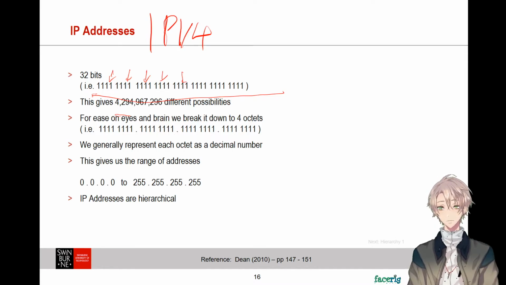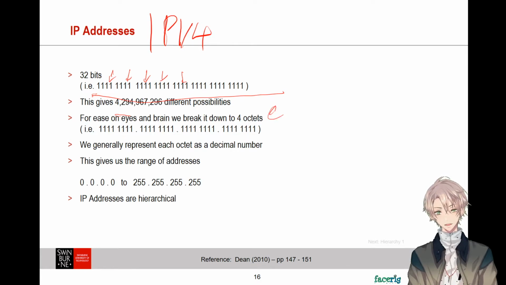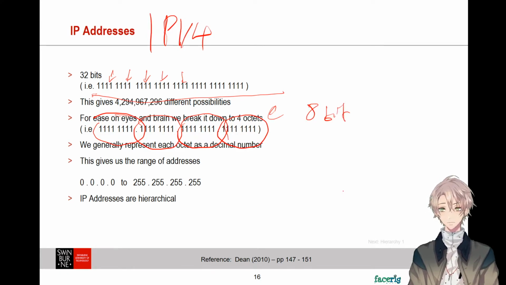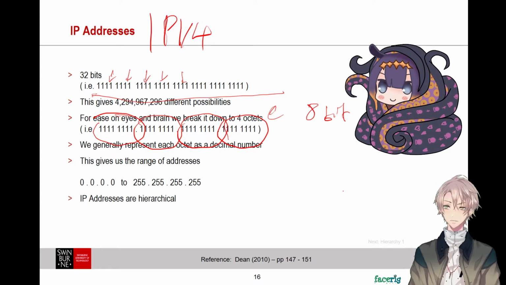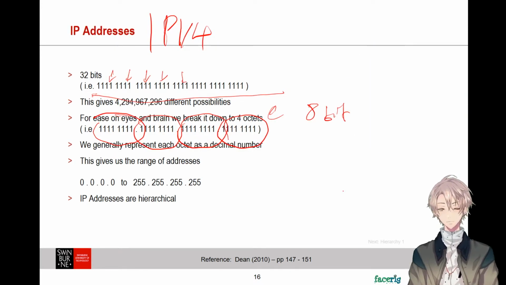For ease of eyes and brain, we break it into 4 different octets. This is one octet, this is another octet, this is the fourth octet. Why is it octet? It is 8 bits for each octet. You can remember it as an octopus having 8 legs.